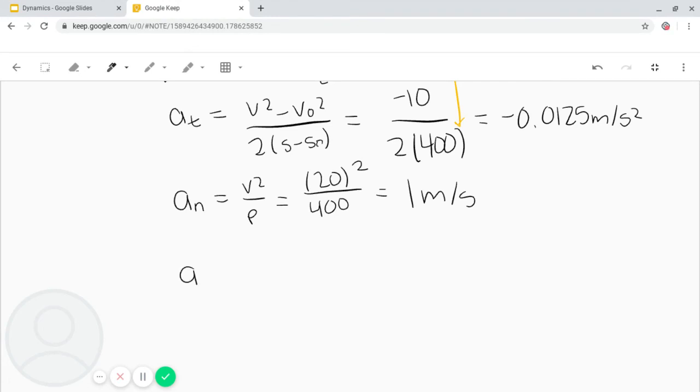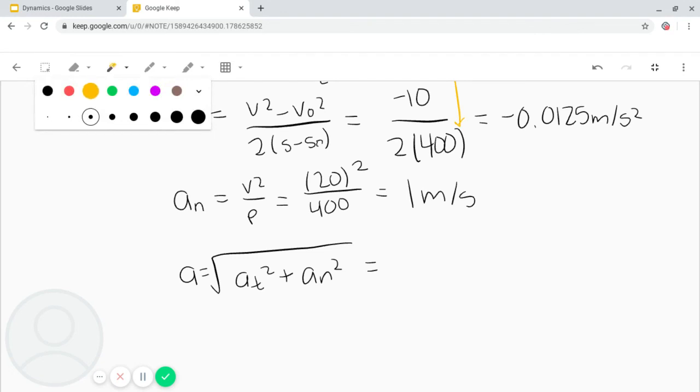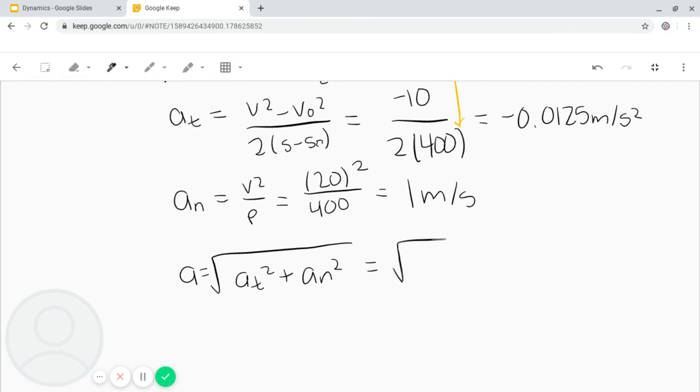So for total acceleration, we're just going to add them here. We know that A equals the square root of AT squared plus AN squared, and that equals the square root of negative 0.0125 squared plus 1 squared.